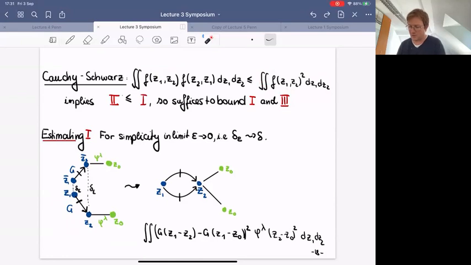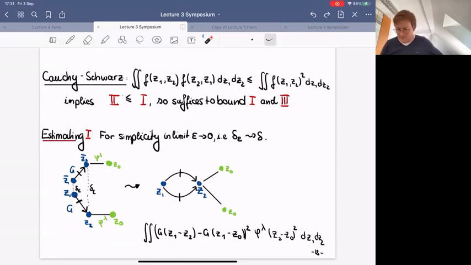That allows you to say that the second graph is bounded by the first graph. So we can forget about the second one and only need to do the first and the third. That has already reduced the complexity of our problem by a bit. And so now let me do the first one, which is the main one.